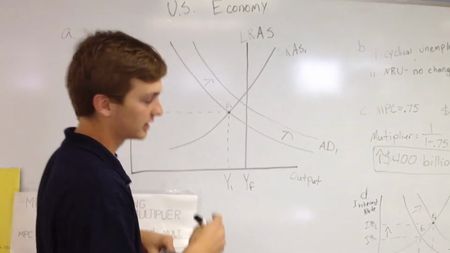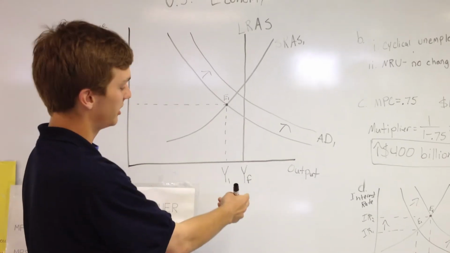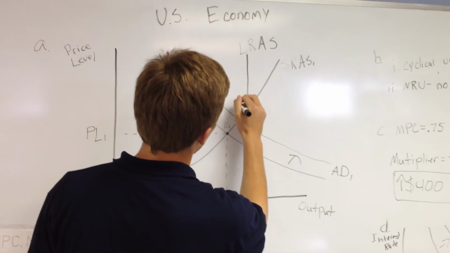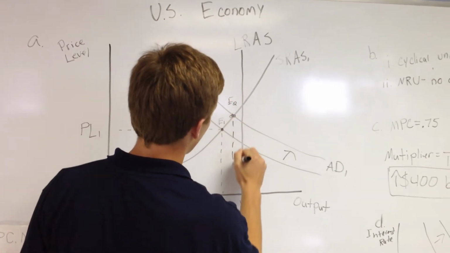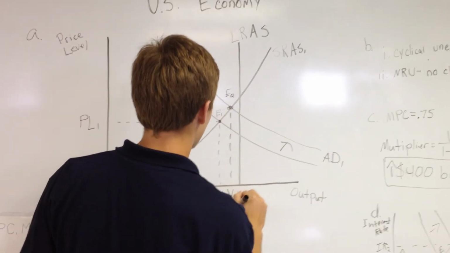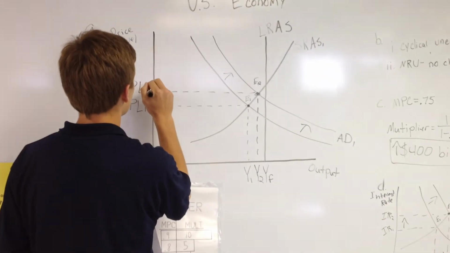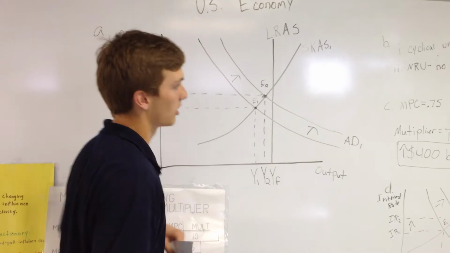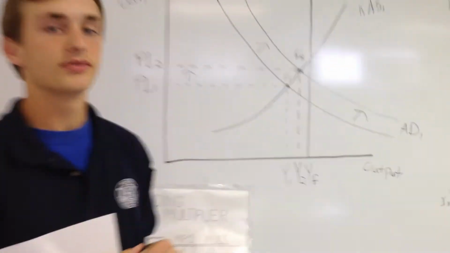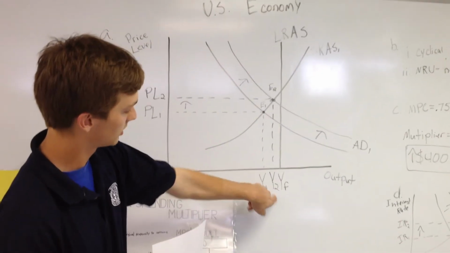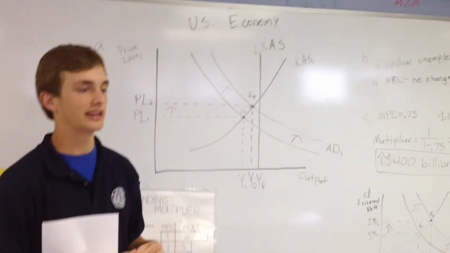Draw that new equilibrium dot and draw a dotted line down to show that cyclical decrease. At the new equilibrium, the output and the price level would increase, creating a lower cyclical unemployment rate. And you could just point over here to Y1 to Y2. You see where the cyclical unemployment rate is reduced. Yep. But the natural rate would not change.